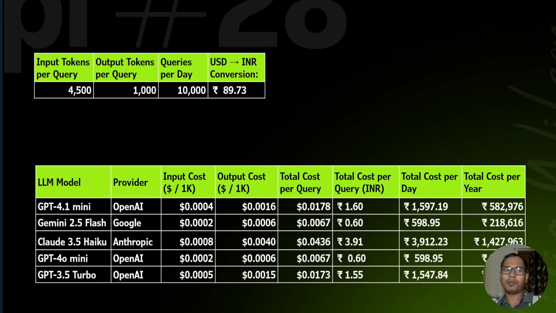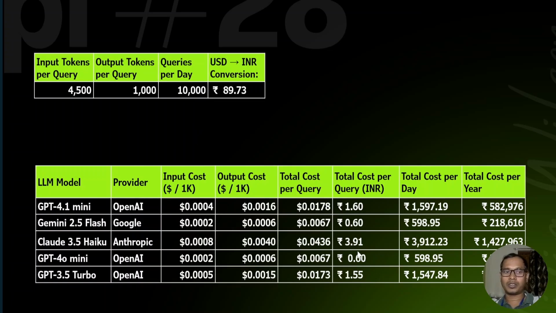If you are sending a transaction or a query which has 4500 input tokens and 1000 output tokens, this is the amount of cost they charge, right? And if you convert them into INR, for one query with 4500 input tokens and 1000 output tokens, this is the cost.